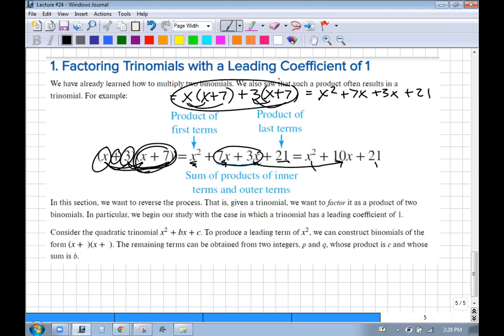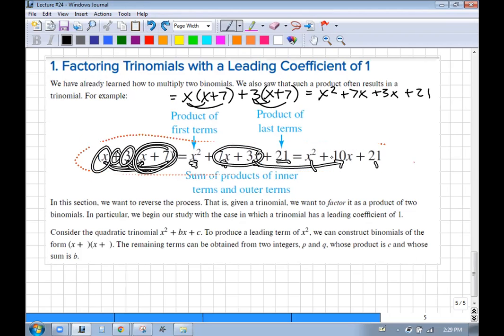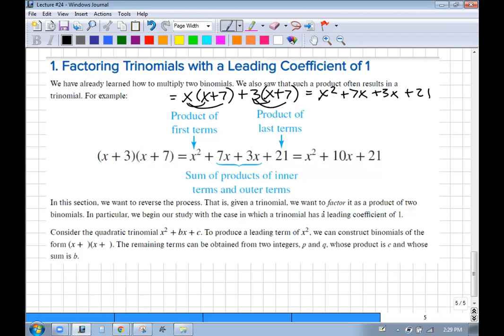They skipped this step. Okay, they went straight to that. Okay, so that's the step that they skipped, because you can kind of do it in your head by now.